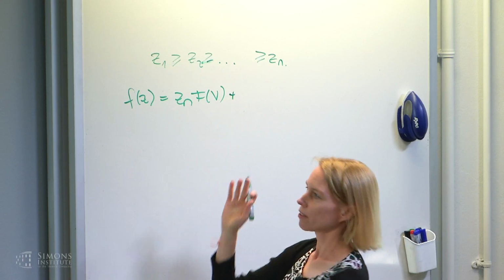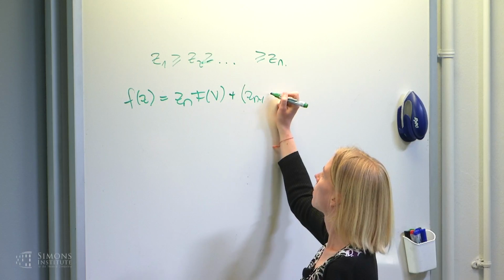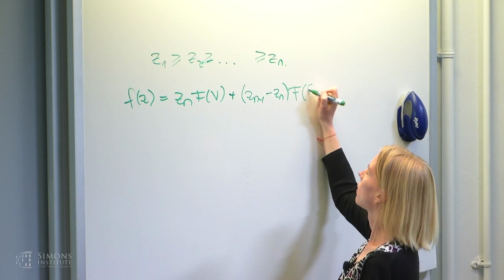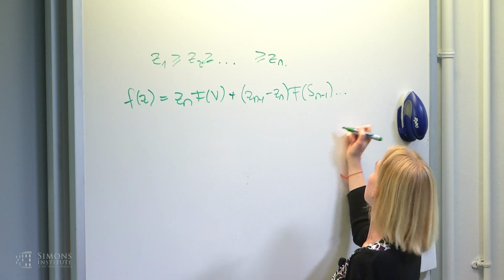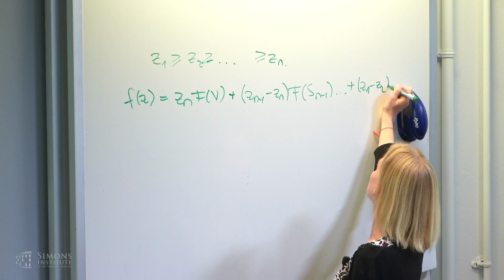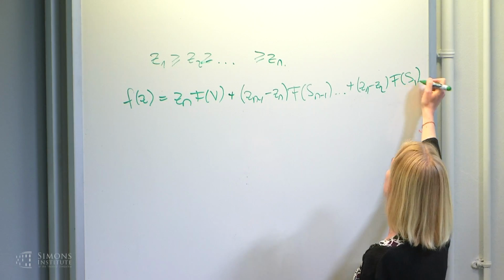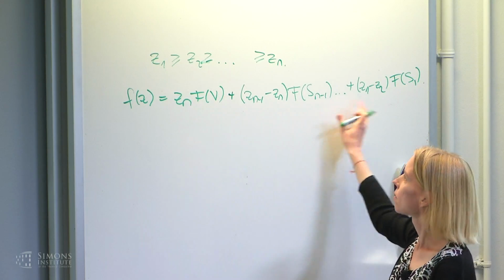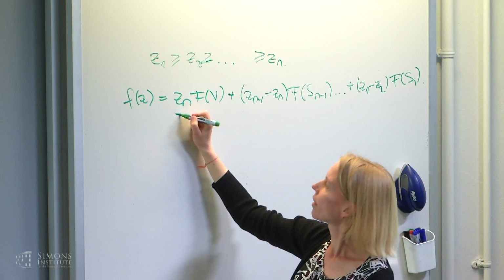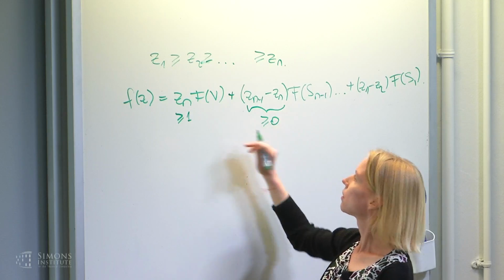And then the next time my set changes is when I hit the next of my values, and so on up to z1 minus z2 times f of s1. So roughly, this is what this expectation is going to look like. These are all non-negative because I have sorted them.